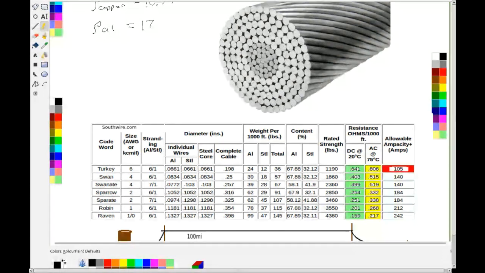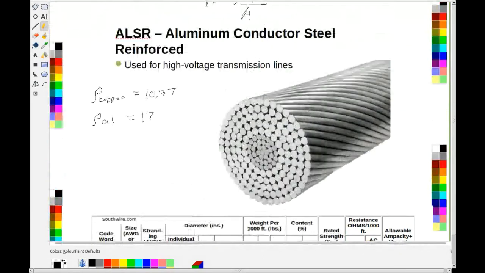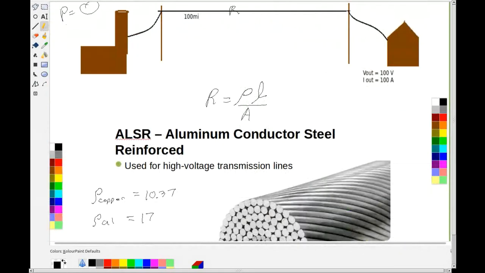Okay, but when we look at the AC, we see what they're giving us. They're kind of simplifying the calculation. If you calculated the area of this, you would come up with this. But what they did is the resistance calculation for us here, you know, the rho times length divided by the area.